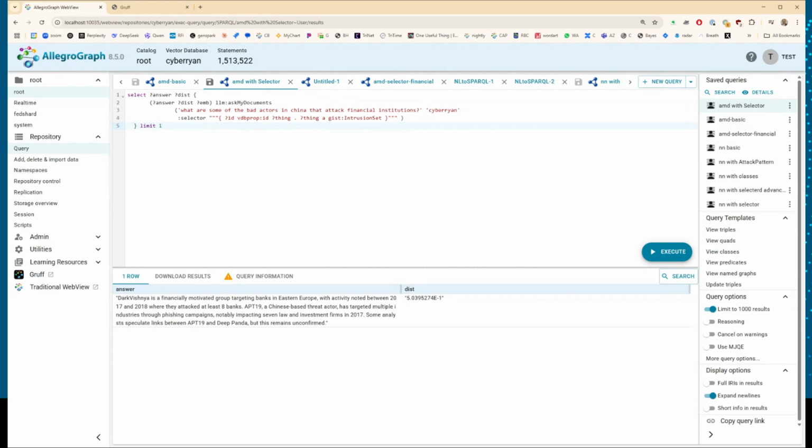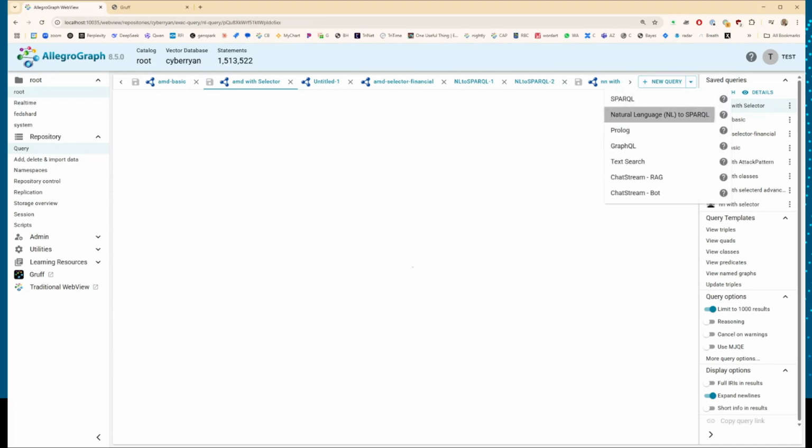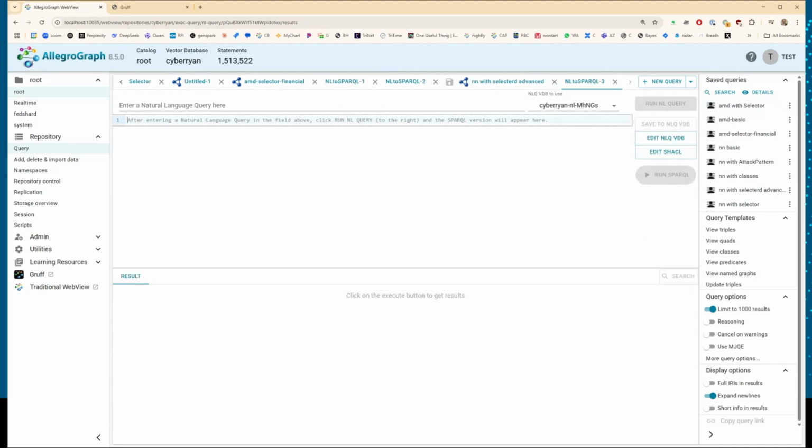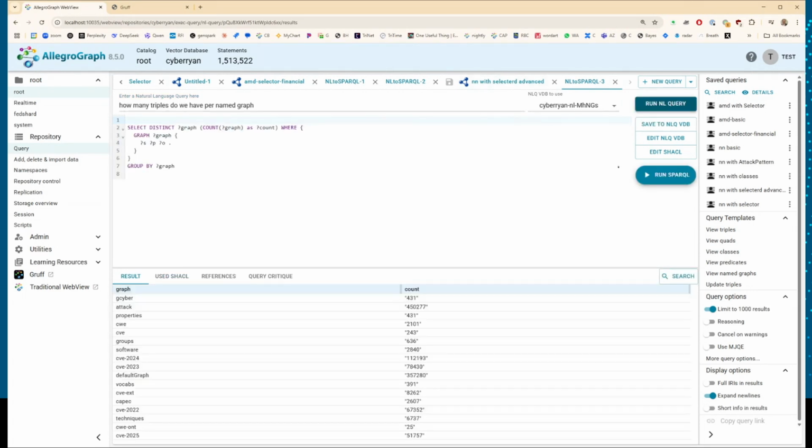Now let's go to the next part, where we do natural language queries. So let me just go here and say natural language to SPARQL. I can ask anything about the structure of the database, just something like how many triples do we have per named graph, and I can ask this and it will find it.